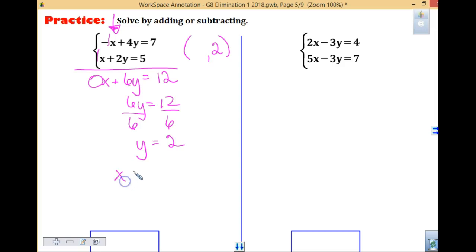So write the second equation, x plus 2y equals 5. And we're going to replace y: x plus 2 times 2 equals 5. So I get x plus 4 equals 5. And you subtract 4 on both sides. And x equals 1.